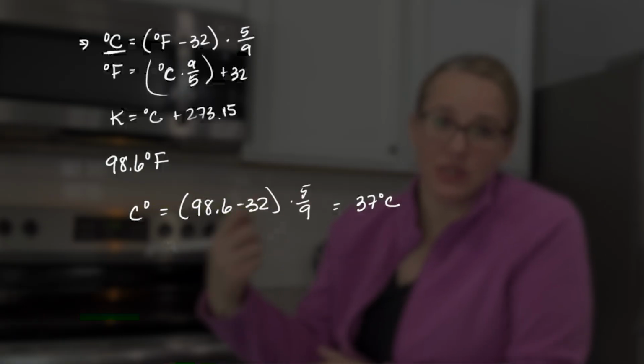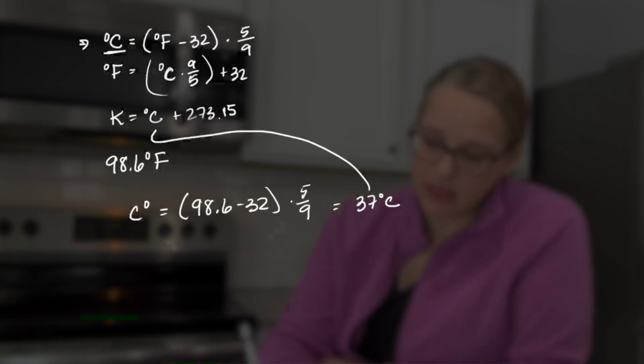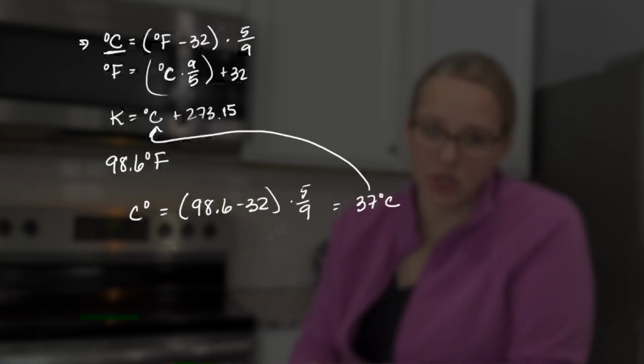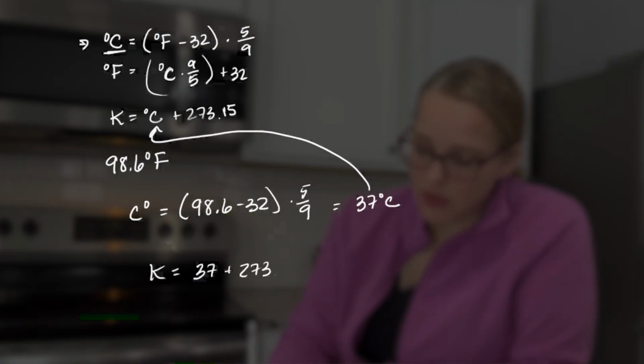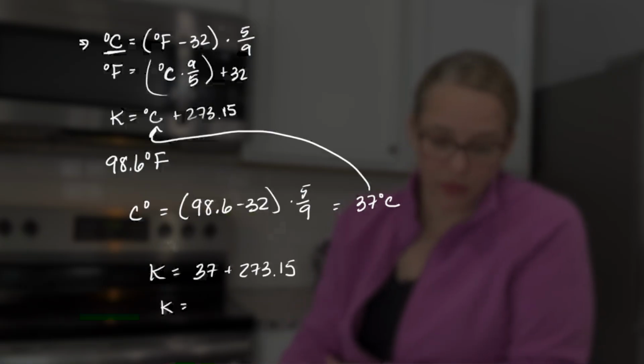And then I have to do the second step, whereas to plug this in to this equation now to get Kelvin. So Kelvin equals degrees Celsius plus 273.15. So do that for me real fast. Was that a 7?